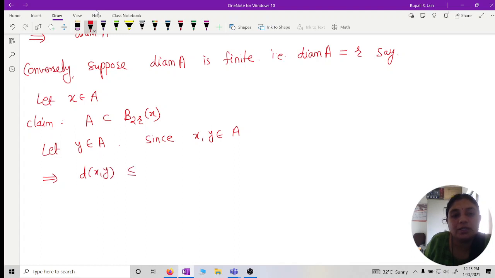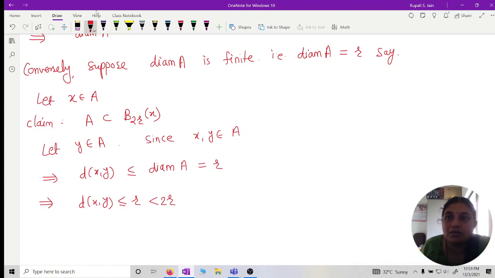It must be less than or equal to the diameter of A, which is nothing but R. So this implies the distance between x and y is less than or equal to R, which is strictly less than 2 times R. I want an open ball, so I am taking 2 times R. So what does this mean? y belongs to B(x, 2R).